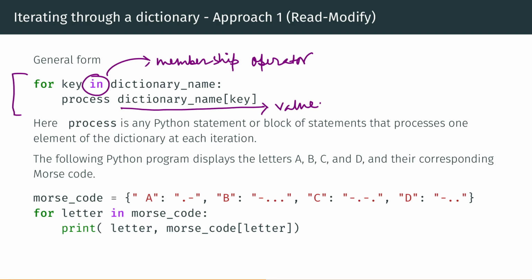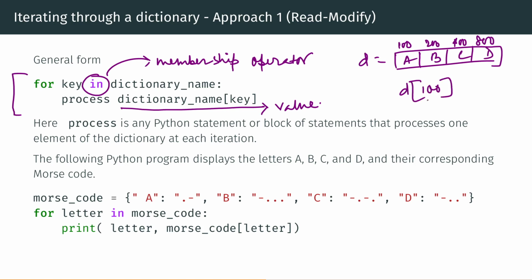If you have a dictionary, let's call it D, it is a key value pair. Let's say it has 4 elements, A, B, C, and D, and the keys are 100, 200, 400, and 800. Just random keys and values. What would D[100] give you?